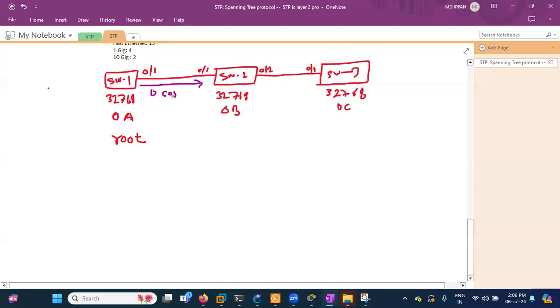Whenever the root bridge is sending information, generating the hello BPDU, it will always send with a 0 cost. Okay. So what are the things it will send? For example, in the BPDU message, what information will it cover? I'm just explaining those, it will be easy to understand in the coming things.